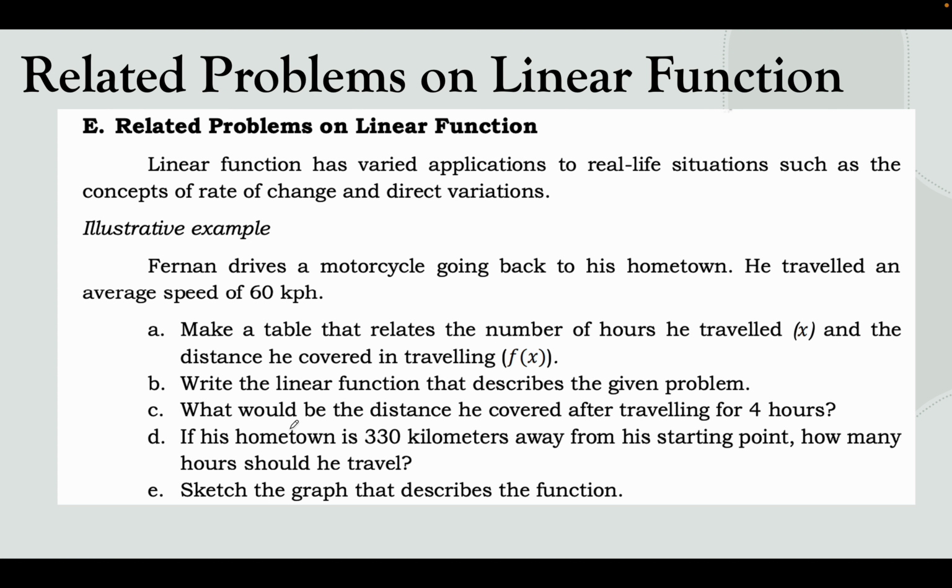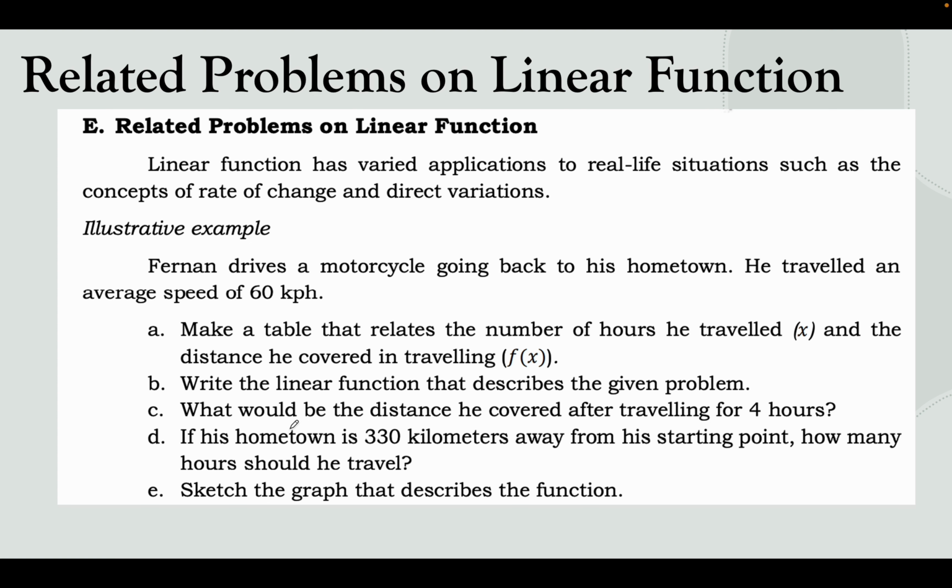First, in A, we need to make a table that relates the number of hours that he traveled, x, and the distance he covered in traveling, f of x or y. Letter B, we need to write the linear function that describes the problem. Letter C, what would be the distance he covered after traveling for 4 hours?